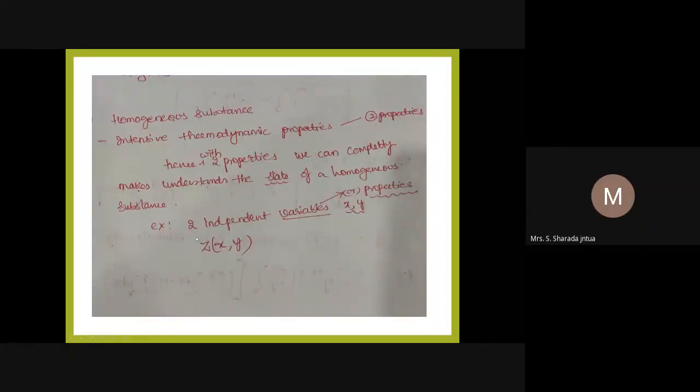This expression represents that z depends on x and y, but x and y don't depend on z, because z will change according to how x and y behave. x has its own properties, y has its own properties. They are independent, but when they combine and behave in a different way, the properties of z change.